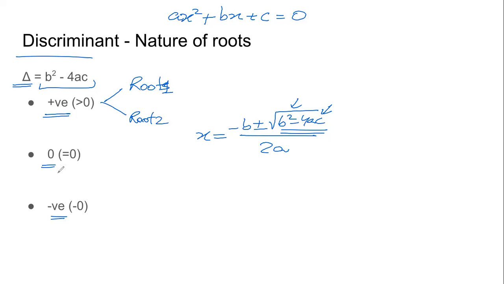Square root of 4 was 2 and minus 2. Both were real numbers. So if this discriminant is positive, that is greater than 0, then the quadratic equation ax square plus bx plus c equals to 0 will have two distinct real roots.